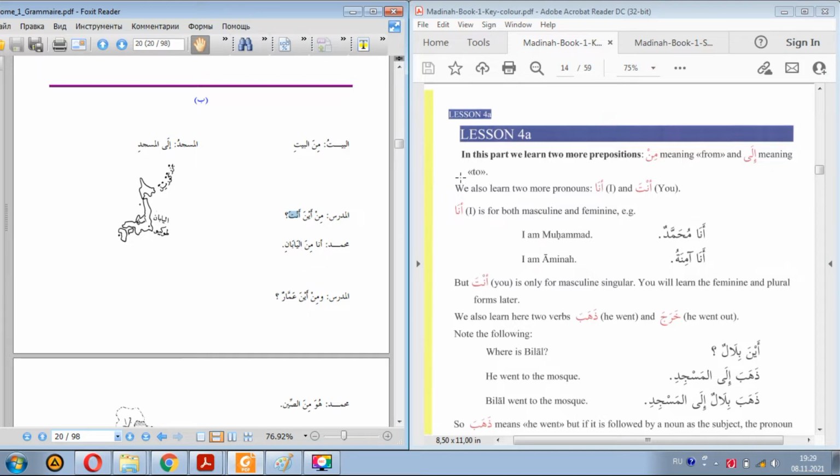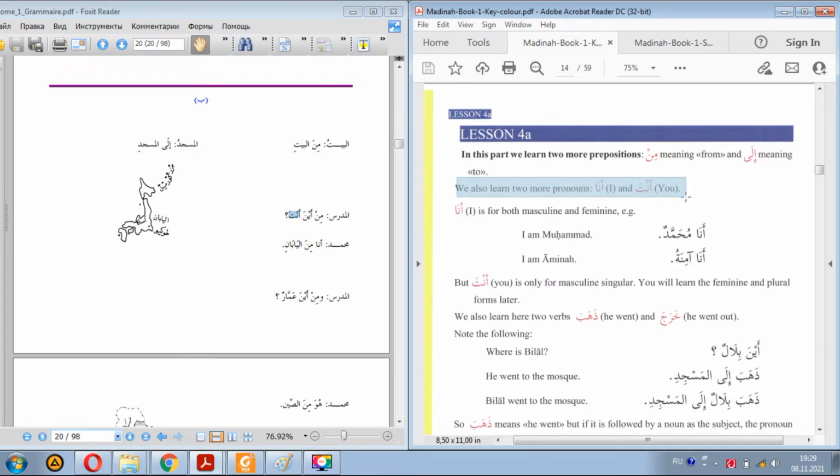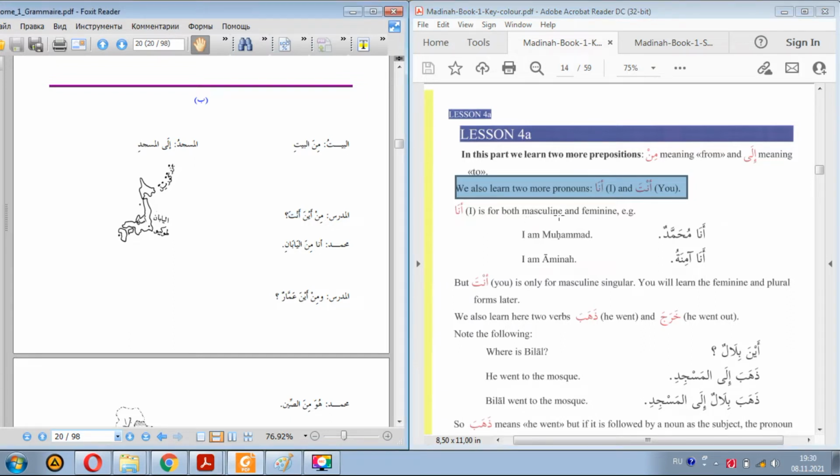We also learned two more pronouns in this lesson, ana and anta. Ana means I, like ana min al-Yaban, I am from Japan. And this I is both for masculine and feminine. Whoever it is, a man or a woman, they say ana, like ana Muhammadun, ana Amina.